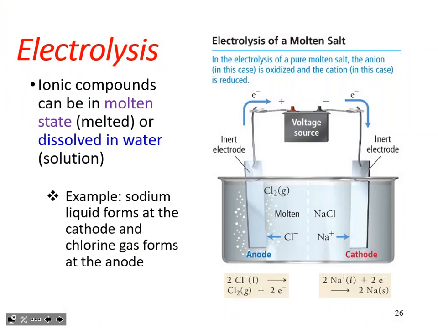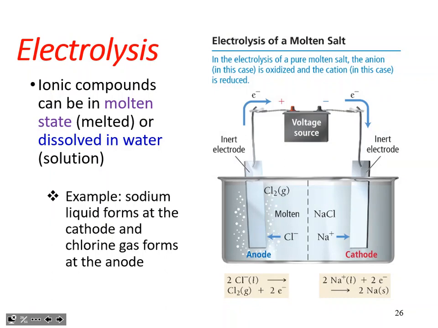Now, ways to do electrolysis. Two different ways to do it. You can use a molten, or you can use it dissolved in water. Molten means you take the ionic compound and you have to melt it down.